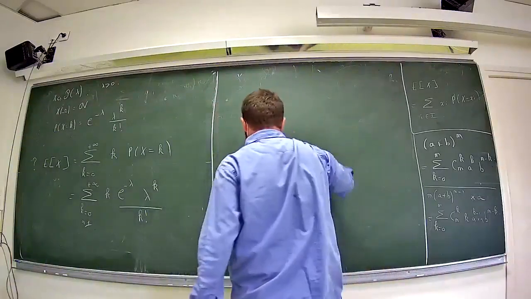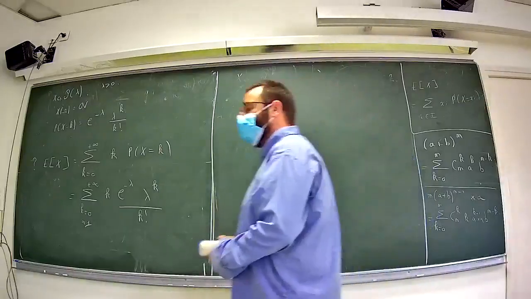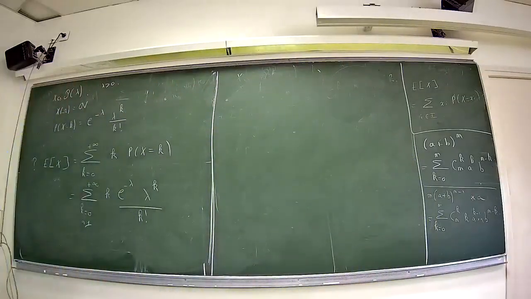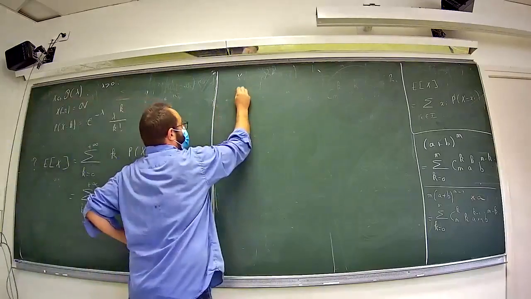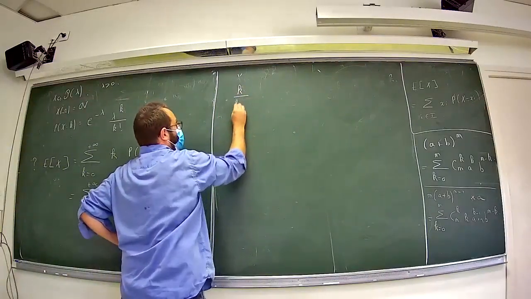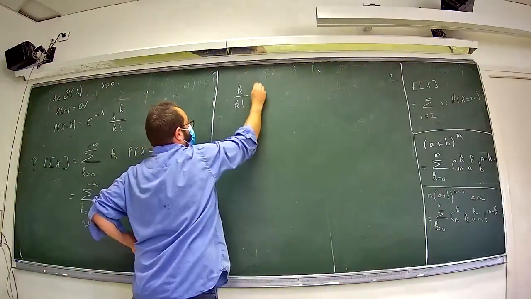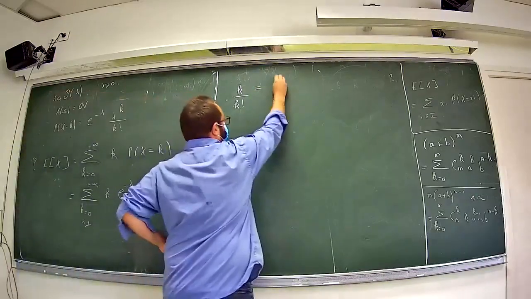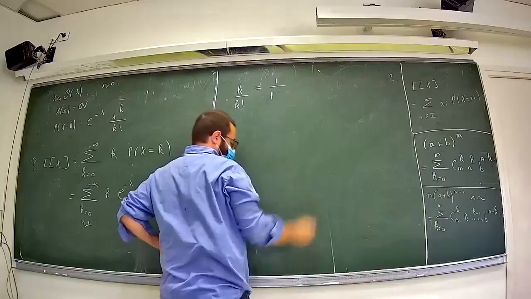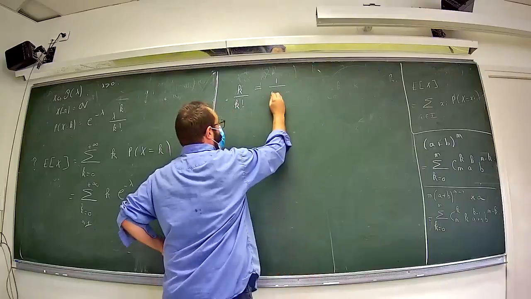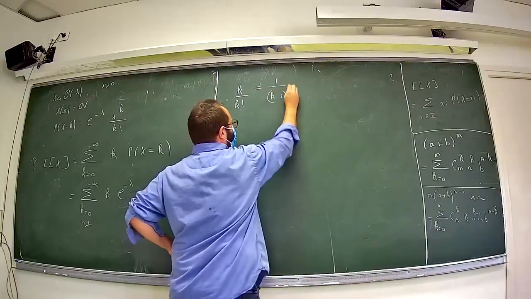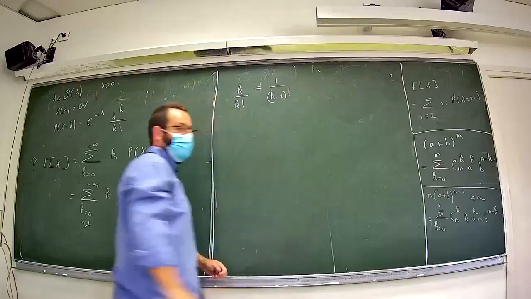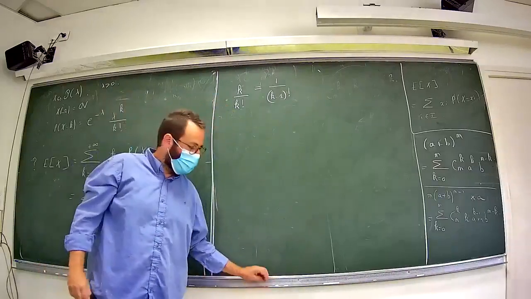I think you can just factorial k should be from the k to this one and change the sum. So I just remarked: what is k over k factorial? It is 1 over k minus 1 factorial. I agree.